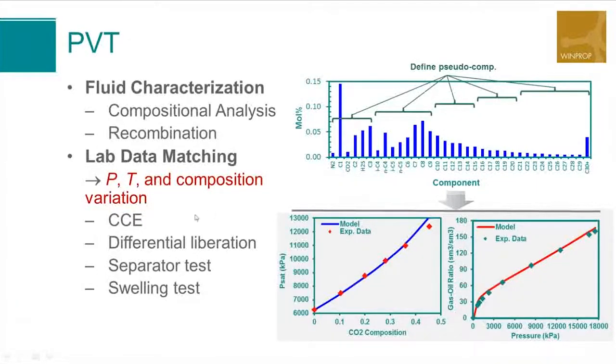Lab data such as CCE, differential liberation, separator test, and swelling results can be matched within WinProp. Finally, the tuned equation of state is used to predict the effect of pressure, temperature, and composition variation on the reservoir fluid properties.